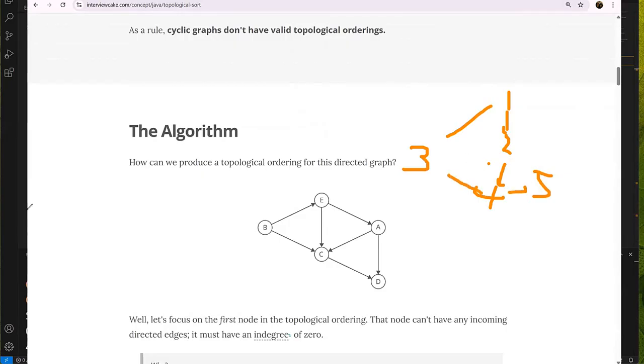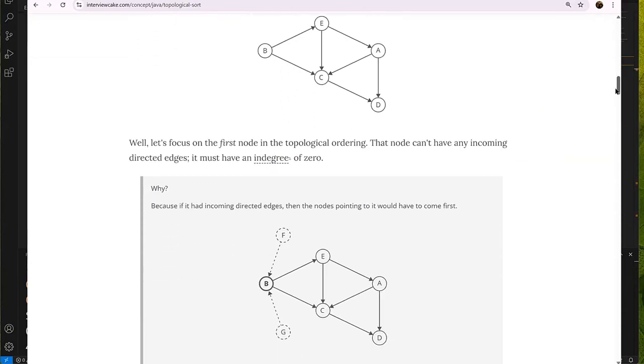Basically, you are sorting based on the graph. That's called topological sorting. So how can we create the topological sorting using this directed graph? Let's focus on the first node in the topological sorting. There should be a node you get started from, with no incoming edge.